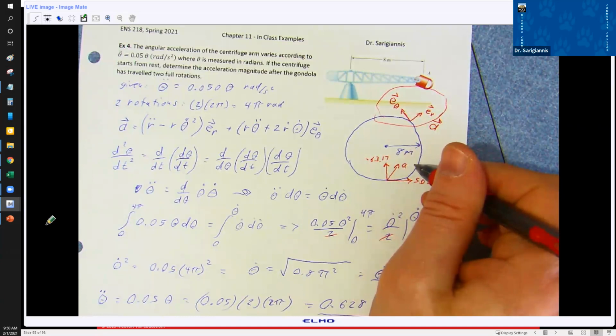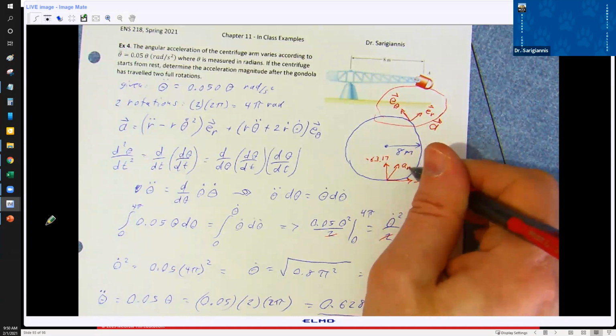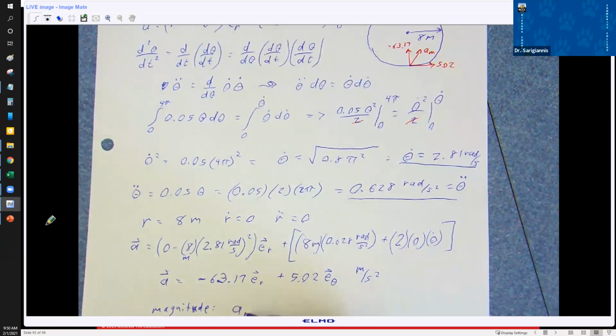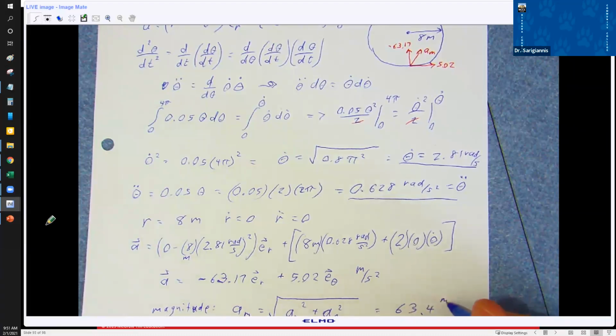Let me put M for magnitude. So acceleration magnitude is the square root of a r squared plus a theta squared. This gives you 63.4 meters per second squared.